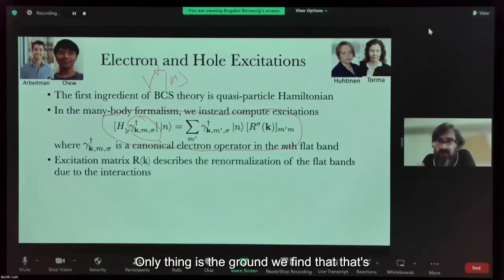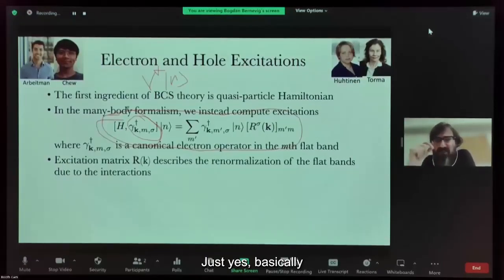Due to the uniform pairing condition, which is important, this commutator just computes the energy of this excitation minus the energy of the ground state. So it is just the gap between the ground state and this excitation.